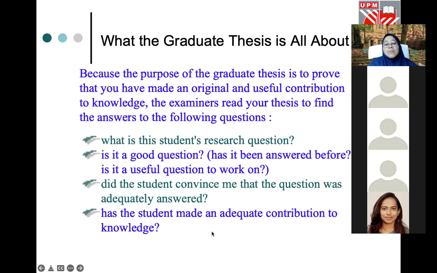But based on the problem, the thesis will be evaluated whether the student has made an adequate contribution, whether the student convinced me that the question was adequately answered, okay, whether it is a good question, and then what actually the research question is. So these are among what will be evaluated when the examiner is looking at the report. Yeah?